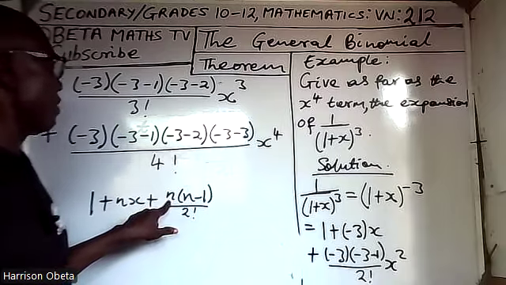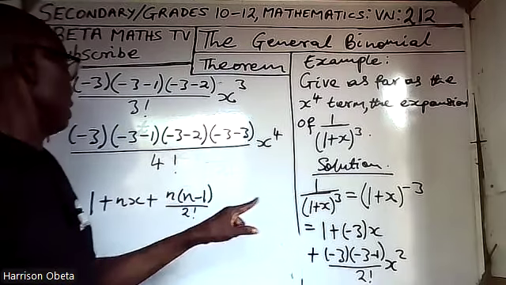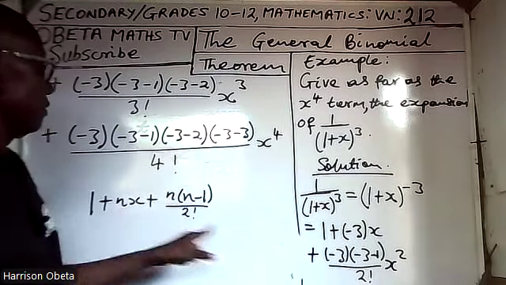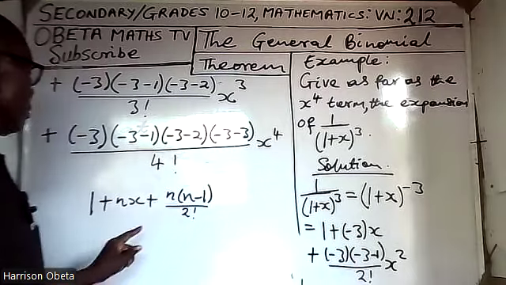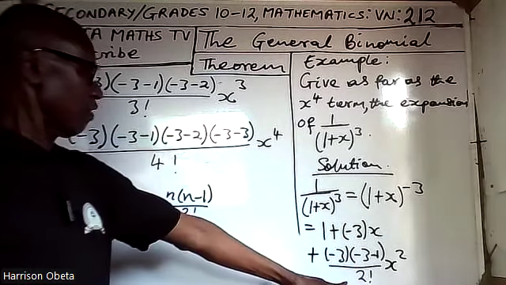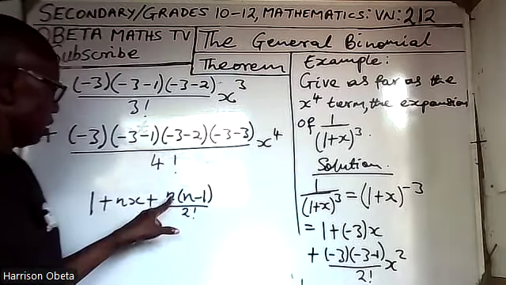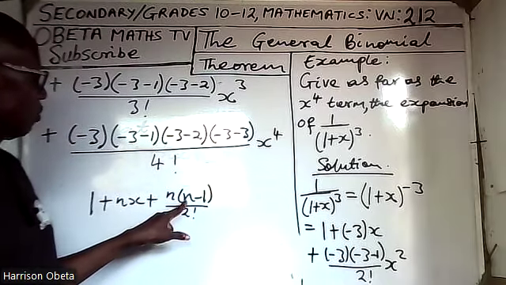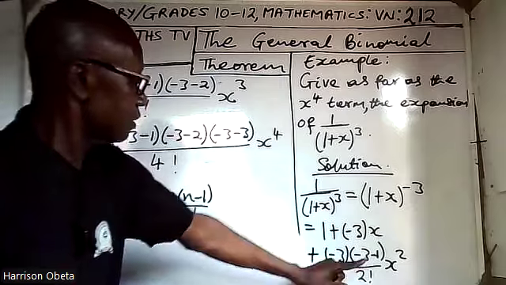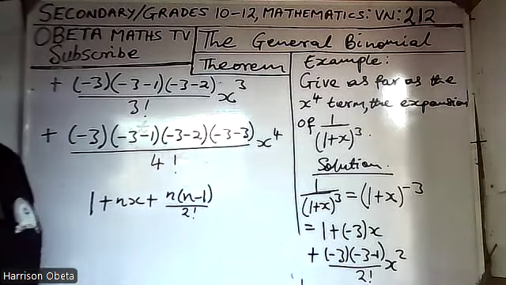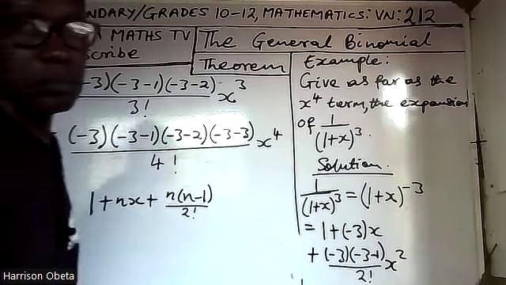So this n being minus 3 is here, and that is this. Then the other one, which is over 2 factorial, is this. Minus 3 into minus 3 minus 1, that is this, and so on. So let's move on from there.